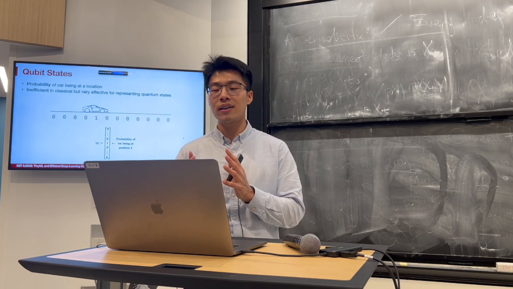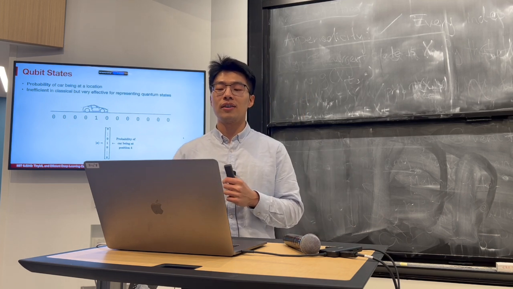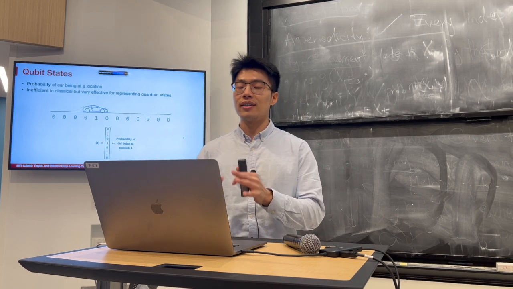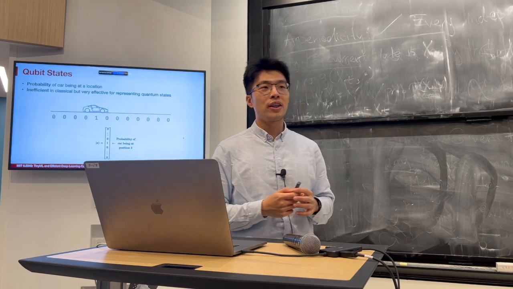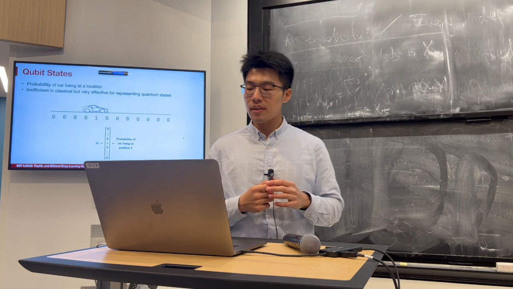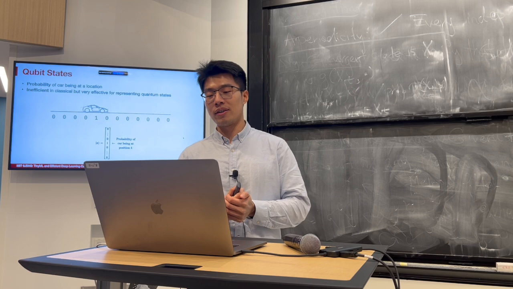So we can also send this whole vector to our friend to say, hey, we are at this location. So that also represents all the information inside the system. So this is very inefficient. You can imagine originally we just need one decimal number, and right now we are using these 12 binary numbers.